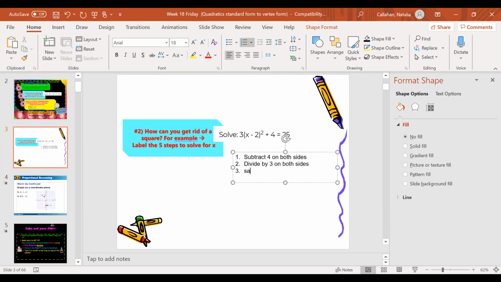Afterwards, you're going to go ahead and square root both sides, get rid of the square. And then afterwards, subtract or add 2. And lastly, your x is going to be 2 answers. And this is what you would have to do.